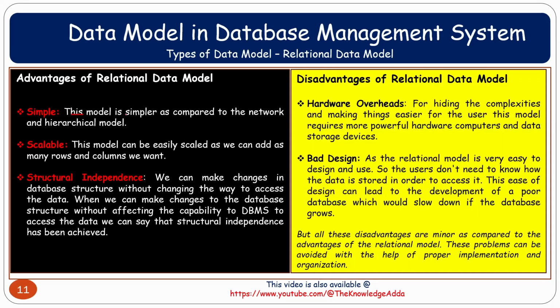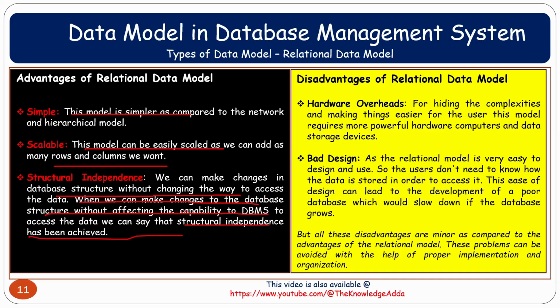This is very simple as compared to network and hierarchical models, and this model can be easily scaled, as we can add as many rows and columns as we want. And we can make changes in the database structure without changing the way we access the data. When we can make changes to the database structure without affecting the application, we can say that structural independence has been achieved.